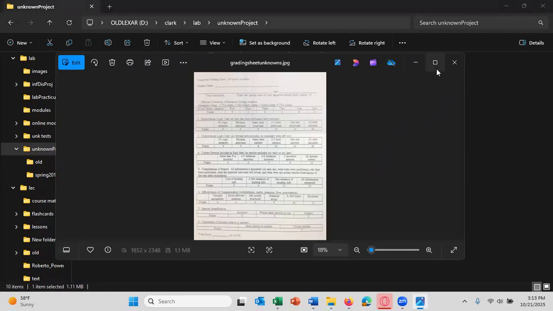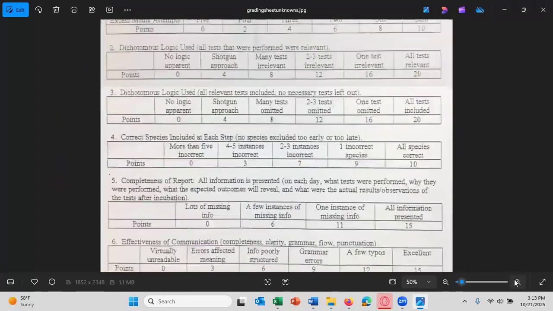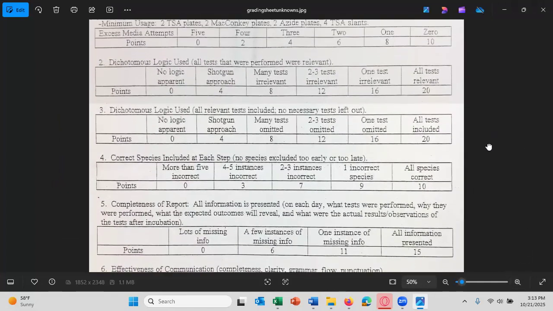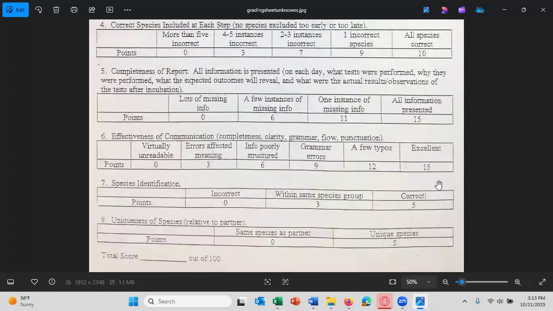But where do I have the grading here? Oh, here it is. This is going to be hard to read, but if I blow it up, you can read it. Dichotomous logic. All tests that were performed were relevant. So if all tests were relevant and you follow dichotomous logic, you'll get, let me check the adding of this.